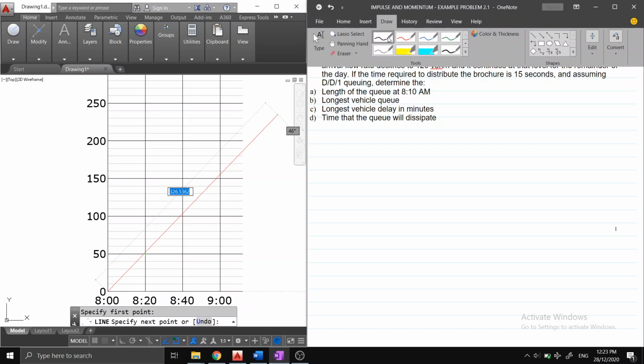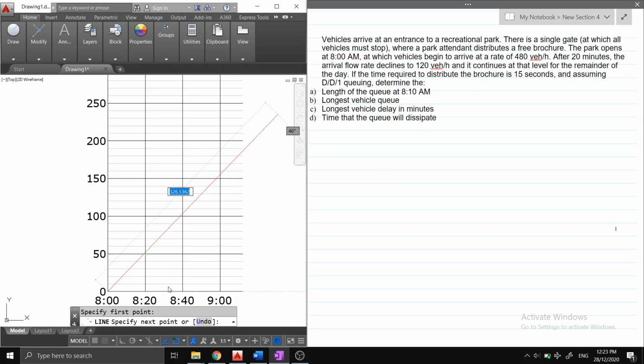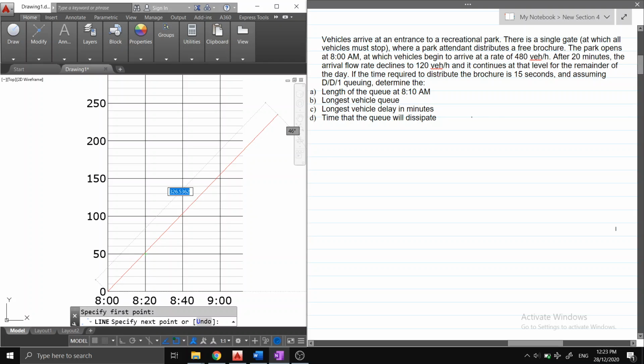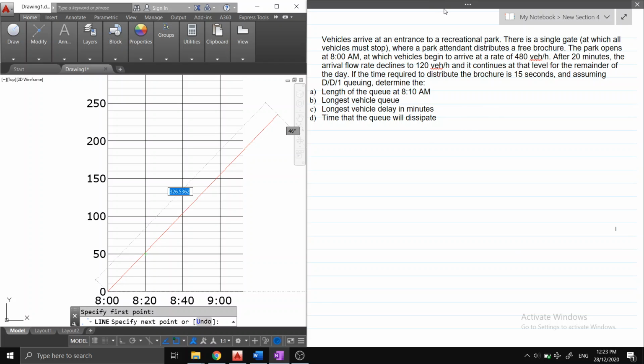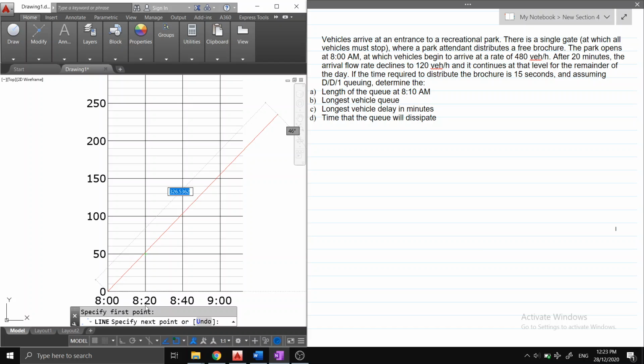Pwede nyo siyang i-convert ng vehicles per minute, and then i-times na lang natin kung ilang minute, or pwede din namang gawin na lang nating fraction yung R. So, 20 minutes is 1/3 of an hour.